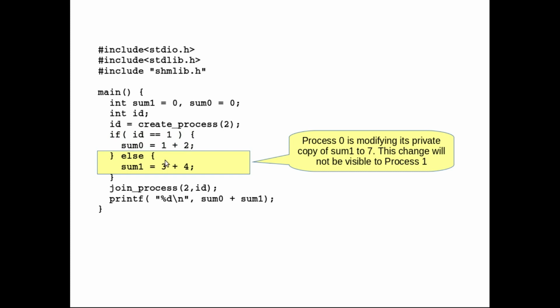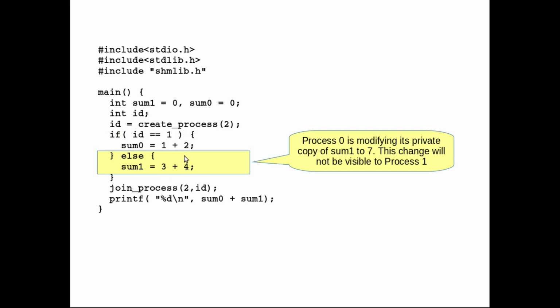And similarly, when the parent process computes the partial sum 3 plus 4, which is 7, that 7 will be stored in the copy of sum 1 in the parent process. So for the child process, sum 1 will continue to be 0, and that's the problem.